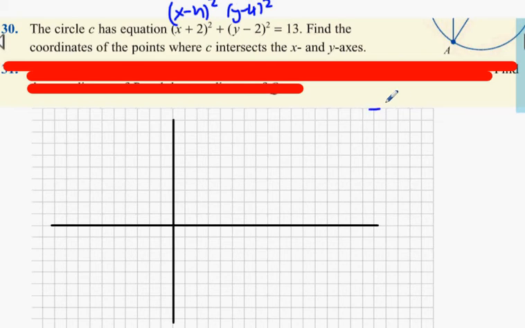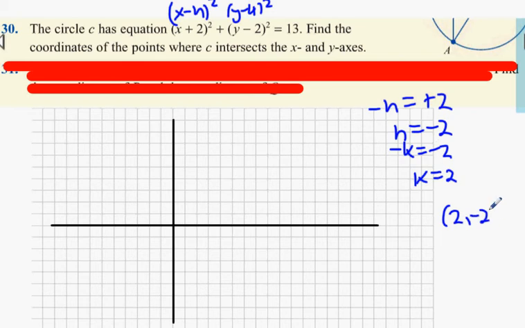Minus h equals plus 2, therefore h equals minus 2. Minus k equals minus 2, therefore k equals 2. It's the point minus 2, 2. Sorry, my fault. Minus 2 is across, 2 up is here. Would you agree that's the point minus 2, 2?